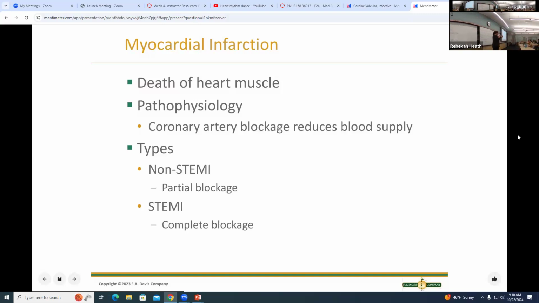And they snake a little catheter in, which is why we call it the cath lab. They snake it, if it's from the arm, all the way to the heart, or from the femoral area all the way up to the heart. They find the area that's blocked, and they either try to break up the clot, or if it's a really narrowed area, they might try to open up that area as well.